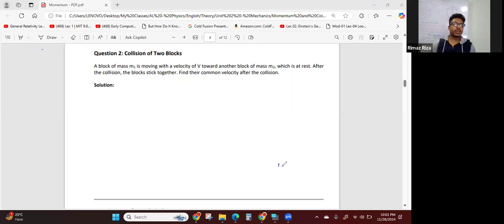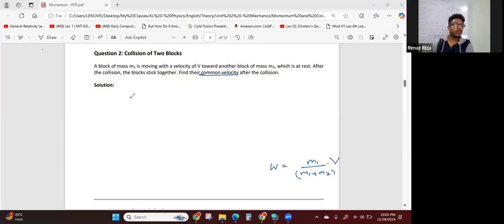If you do it correctly, you will get that common velocity, let's say w, will be m1 over m1 plus m2 times v. So you will get this expression for the common velocity.